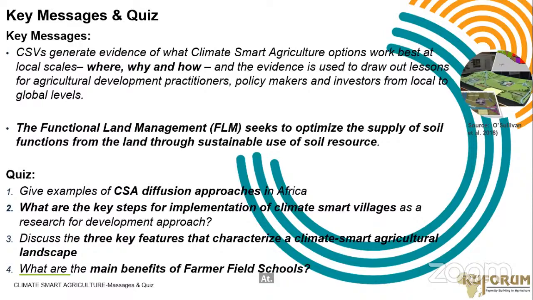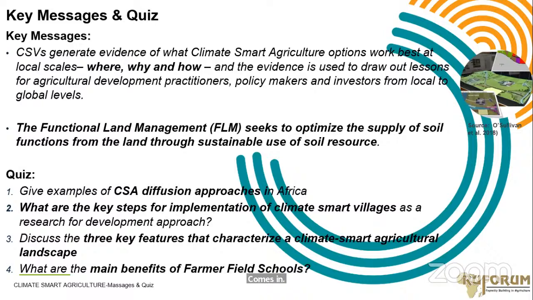And the functional land management approach seeks to optimize the supply of soil functions from the land through sustainable use of soil resources. And this is where now the landscape approach and looking at climate smart agriculture, not only at farm level, but at the larger landscape comes in.